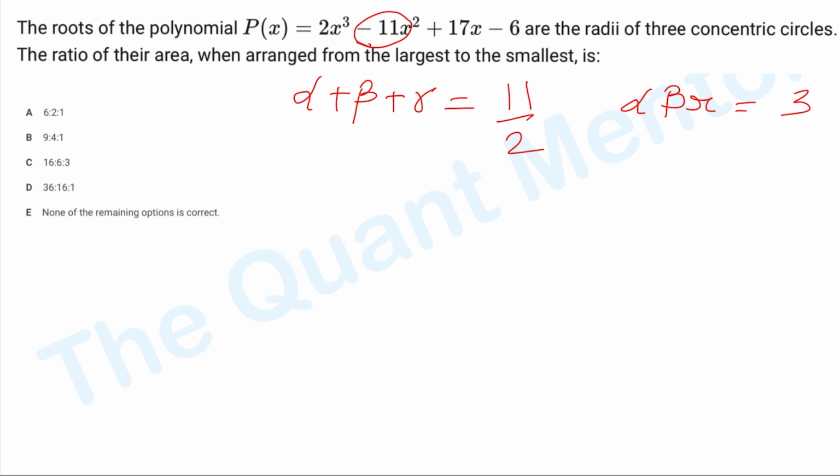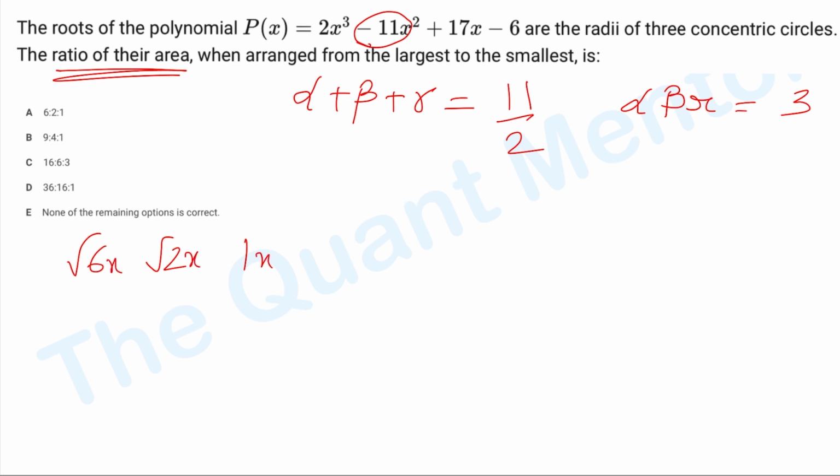Let's see how. The options give us the ratio of the areas. So if you want to find out the ratio of the radii, we'll take square roots. Now let's take the first option. As per the first option, the ratio of areas is 6 is to 2 is to 1. So the ratio of radii will be root 6 is to root 2 is to 1. Let's call the radii root 6x, root 2x and 1x.